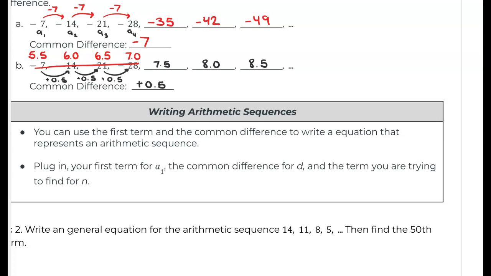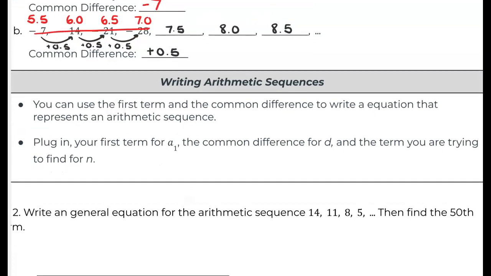What we're going to be doing is first you would plug in your first term for A1, and then I'll have the formula up here in a second. You would plug whatever your common difference is in for your D, and then whatever term you're trying to find, so if it's like the 50th term, that's going to go in for the number n when you see the formula.